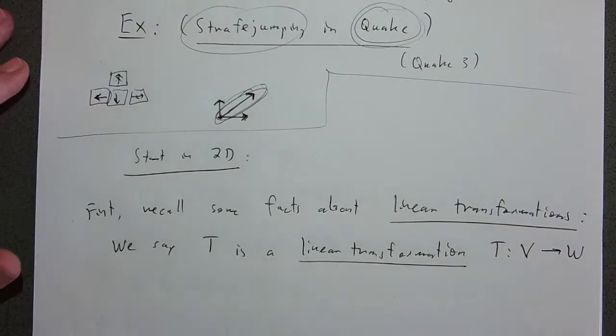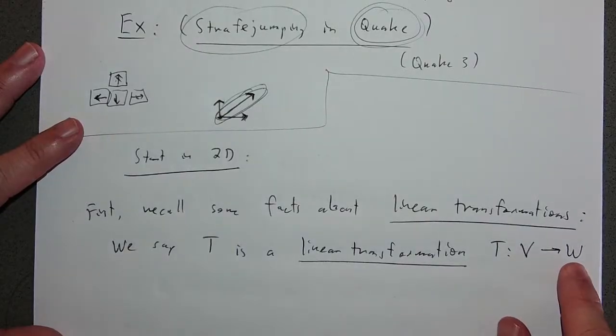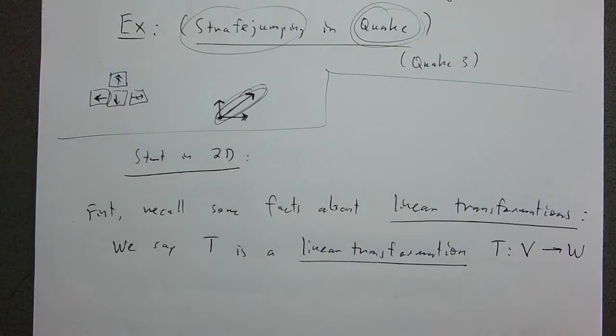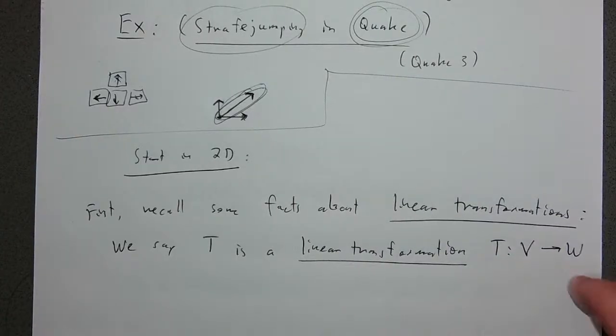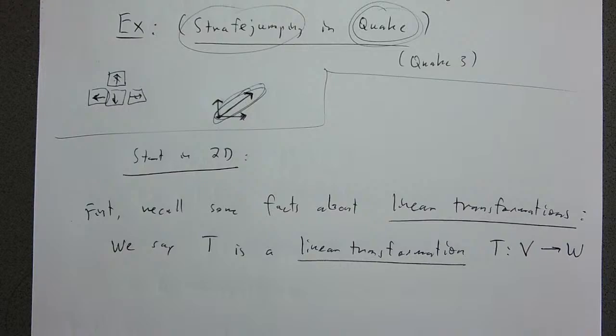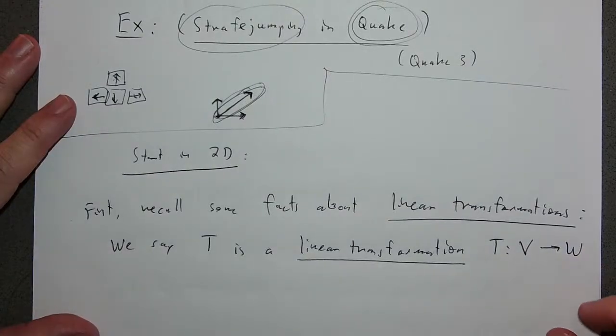W is called the codomain, which is not the same as the range. If you remember, the range is the image set of T. That's the range of T. That is different than what we call the codomain, which is all of W itself.